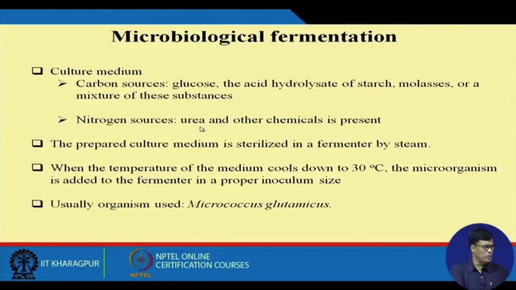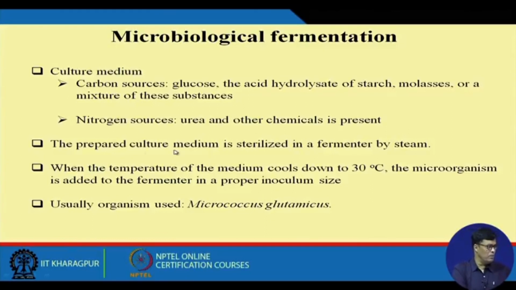For the nitrogen source, we use urea and other chemicals. As per the requirement, for the growth of bacteria we need a carbon source, a nitrogen source, minerals and vitamins.